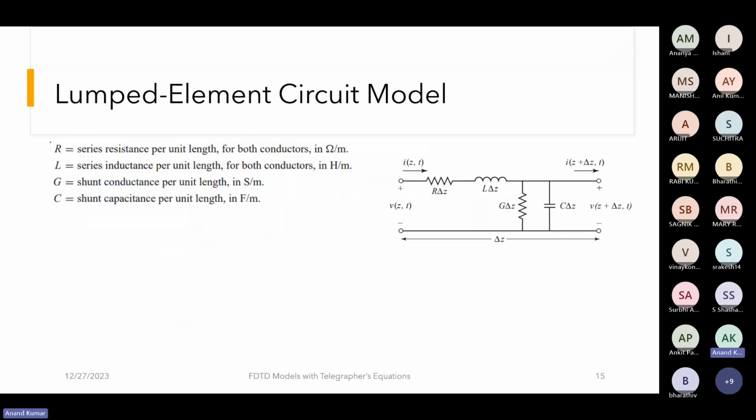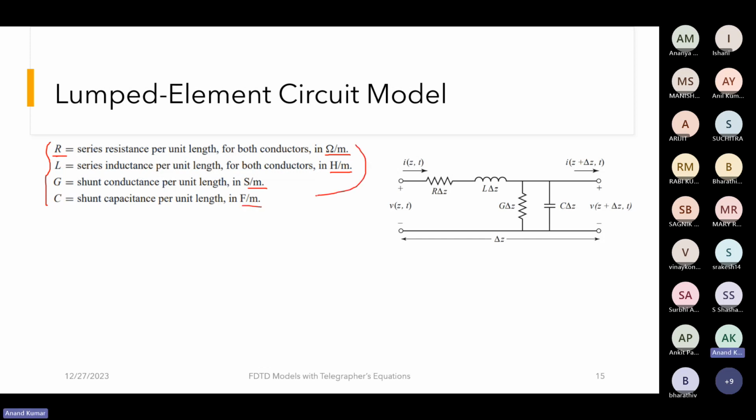Now, these RLGC components are all distributed parameters. So their units, for example, this resistance is not ohms. This will be ohm per meter. Similarly, inductance is Henry per meter. The conductance is Siemens per meter, and capacitance is farad per meter.